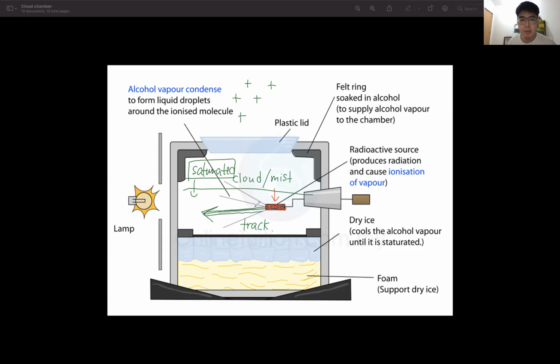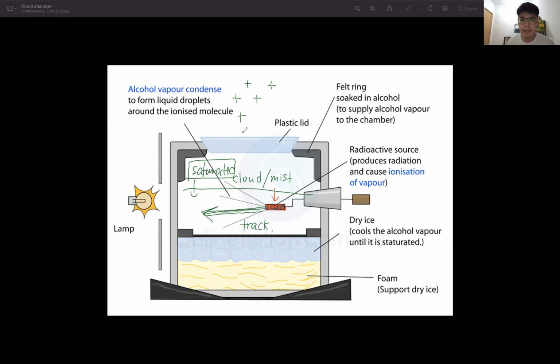If there's no emission, will it condense? No. If there's no emission, then the air will stay as air. It won't condense. Only if there is emission, then it will condense. Later, I will show you a video of the cloud chamber.